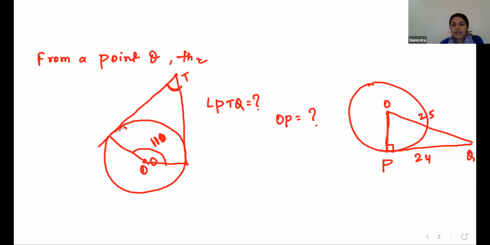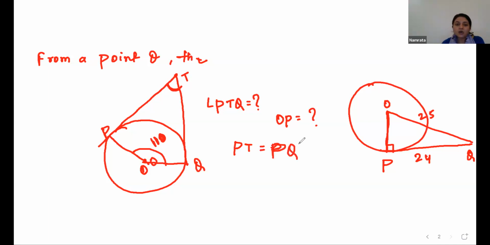Ma'am, can we say if this is P, this is Q, then PT will be equal to TQ? Yes, because from an external point we are dropping the tangents, so the lengths of the tangents will be equal to each other. So PT will be equal to TQ, right? Yes, ma'am.